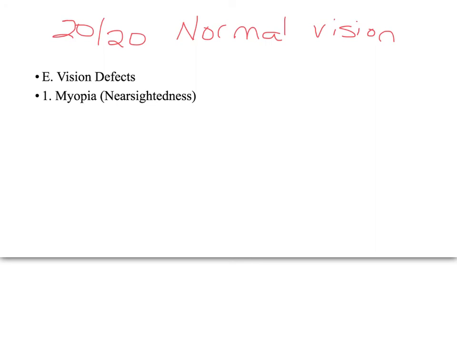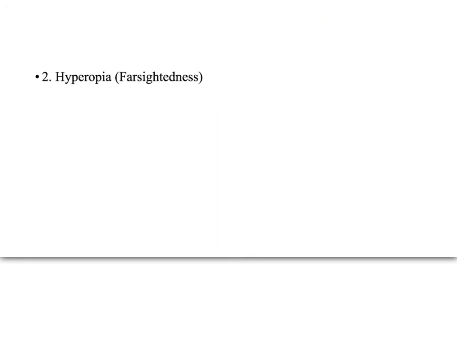So they can read just fine, but if they're driving without their glasses, they can't read the street signs. Usually they have to wear glasses for that. Hyperopia or farsightedness, they cannot see close objects clearly. They may have to wear reading glasses because of eye strain, but they can see distant objects very well.